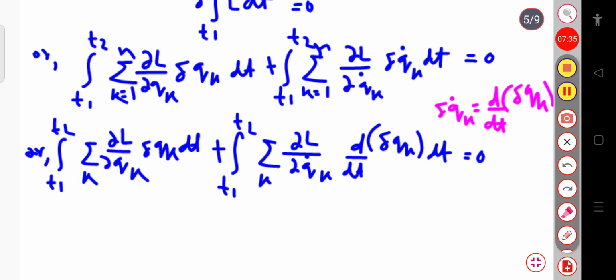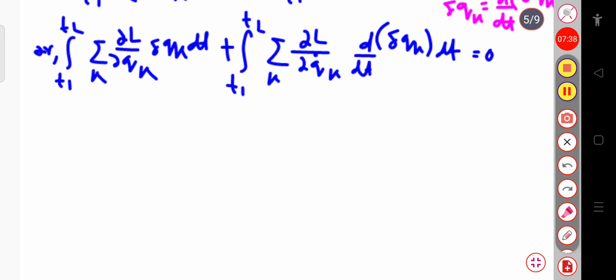Now in the second term, you can see this is one function and this one is another function. If we write this function as u and this function as v, now I can use integration by parts.